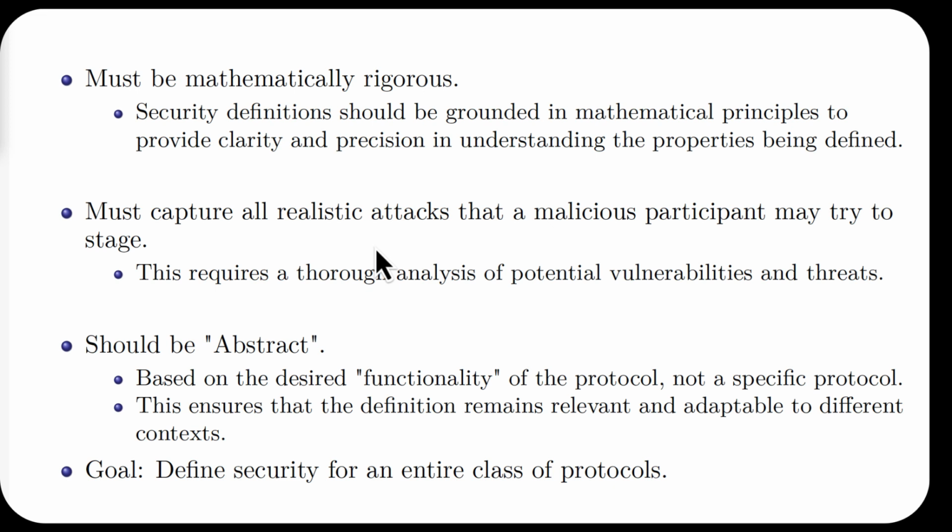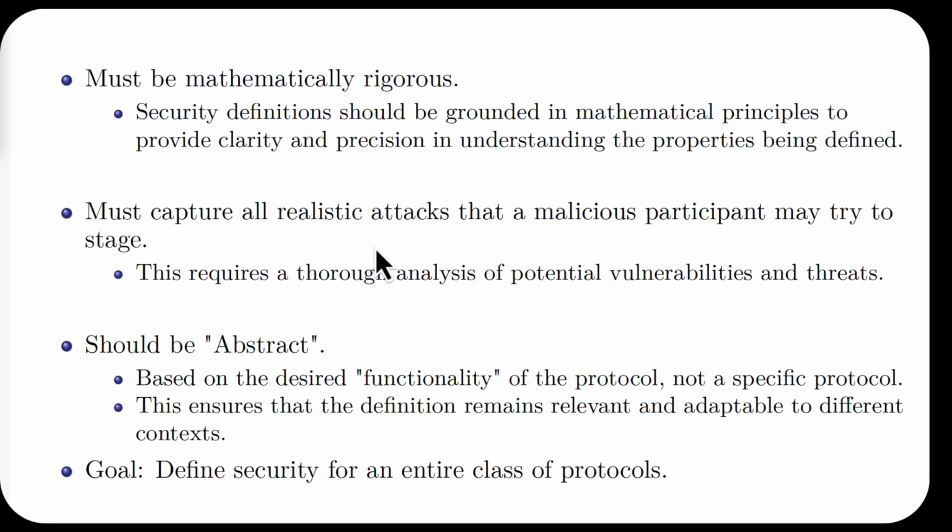Anyway, back to capturing the realistic attacks that a malicious participant may attempt to stage. We need to define, for example, the adversarial model: what the attacker can do. We need to specify the capability and the goal of the potential adversaries within the protocol whose security we try to define.